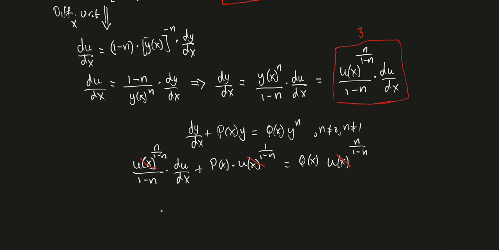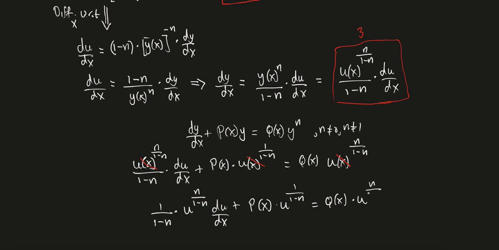So I'm going to write this as 1 over 1 minus n, so that's my constant, and then I'm going to have u^(n/(1-n)) du/dx plus p(x) times u^(1/(1-n)), and then is equal to q(x) times u^(n/(1-n)).